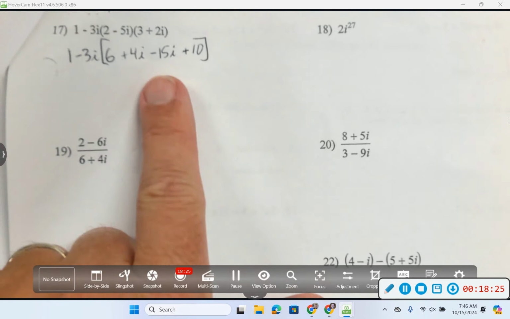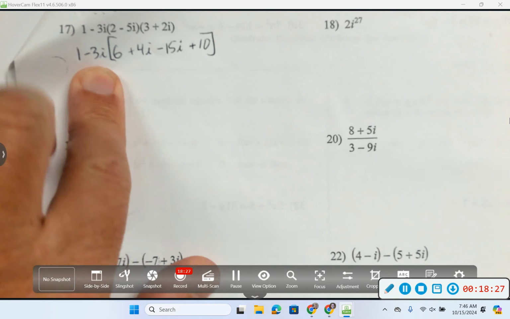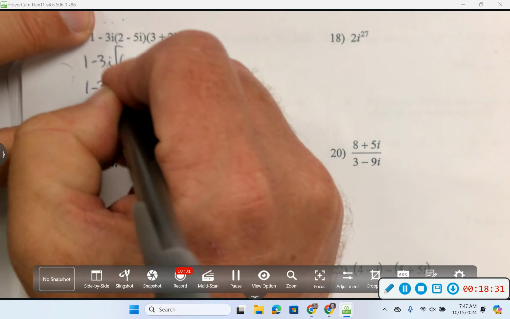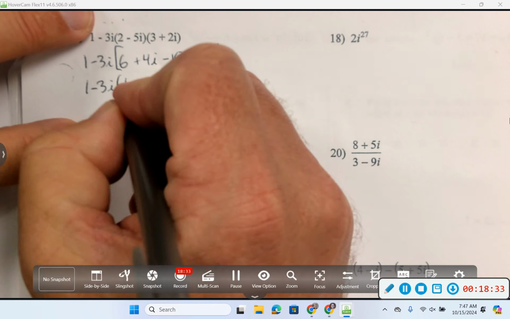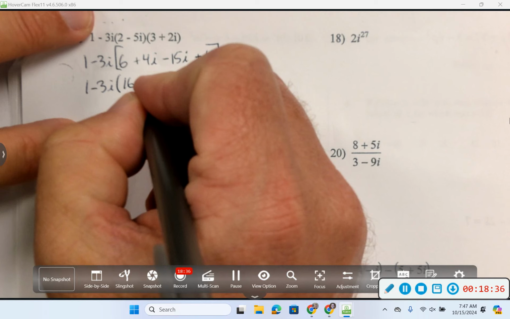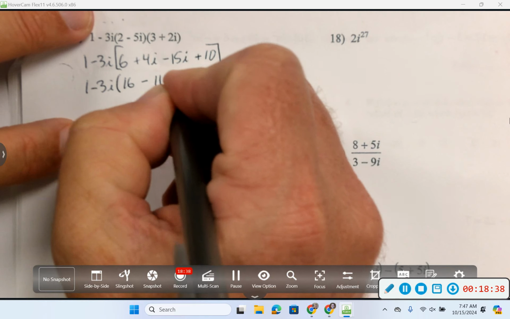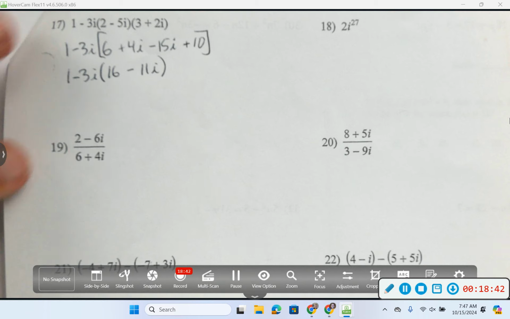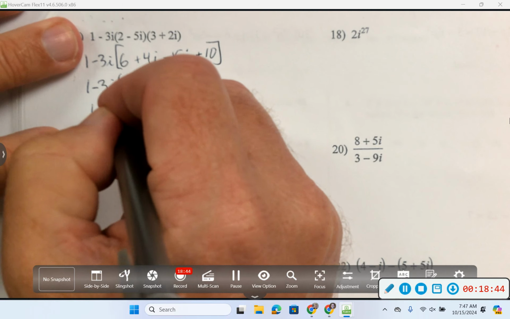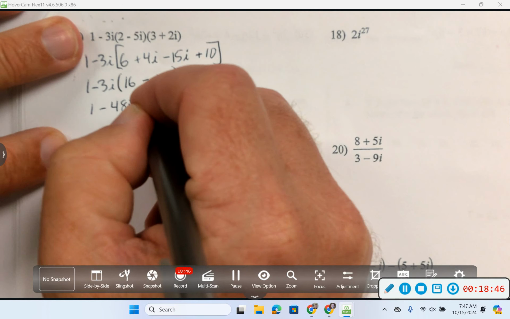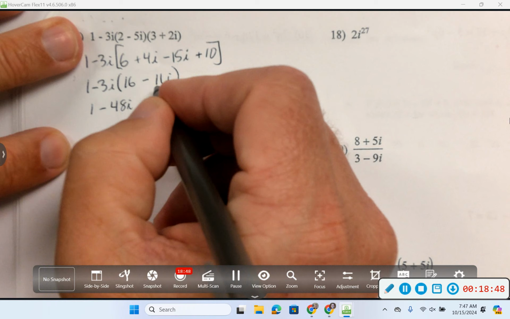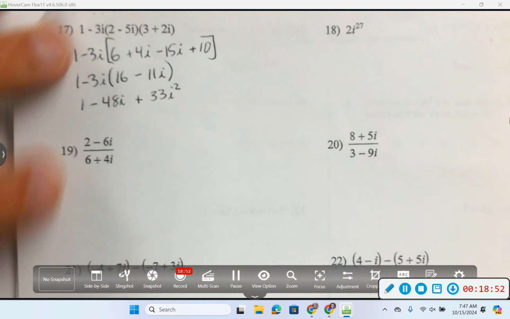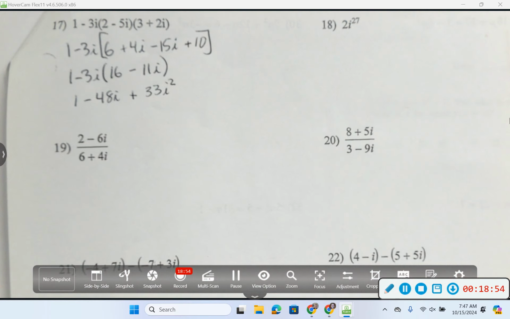I would clean up the inside before I distribute the 3i. I mean, I guess you could distribute now, but let's try to make life easy on ourselves here. 16 minus 11i. So 1 minus 48i plus, here we go again with the i squared business, 33i squared, which is negative 33.